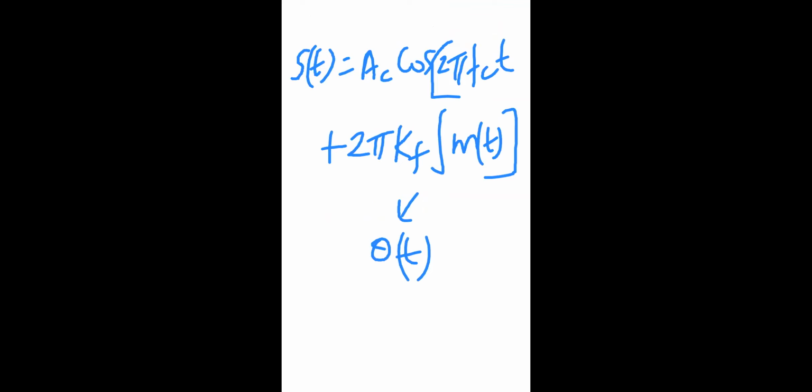So the extra phase is going to vary with respect to your message signal. Then finally the frequency also will vary. We have already seen the relation between phase variation and frequency variation: the frequency variation is equal to 1 by 2 pi differentiation of phase variation. So this is theta t, 2 pi kf integration m of t. This is the base equation.